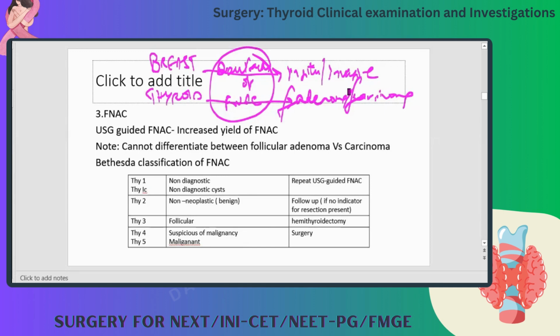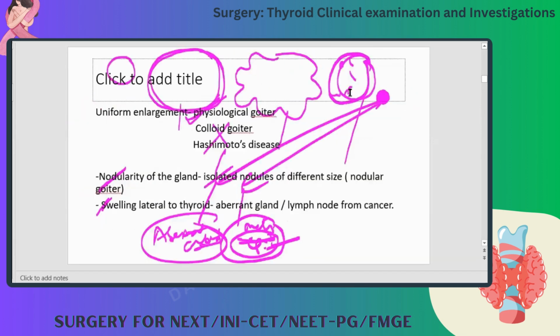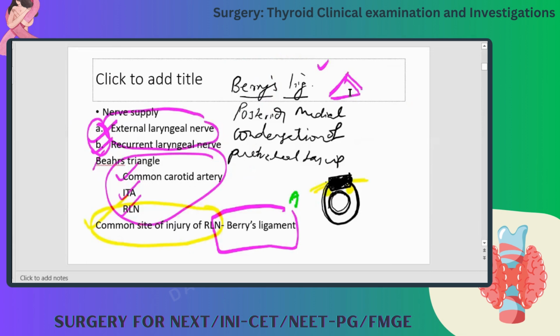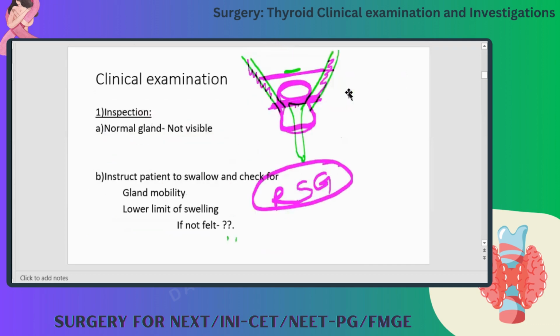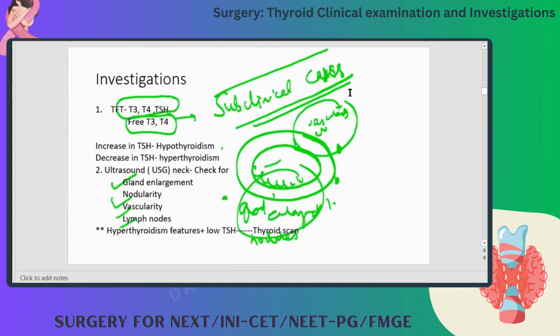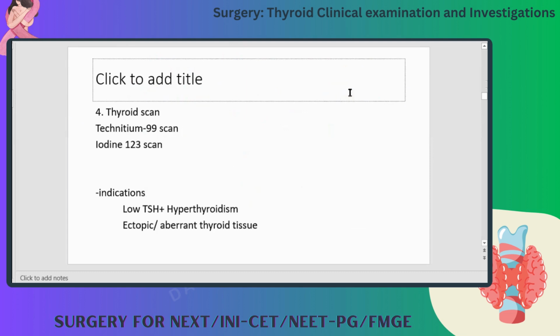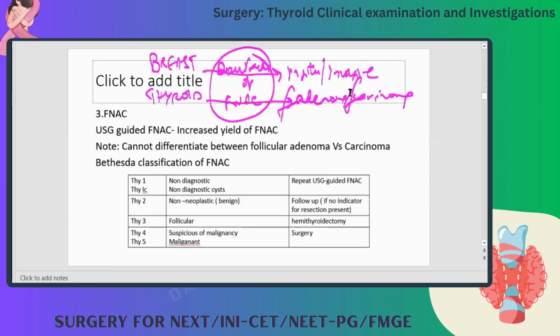Then the ligation of arteries. The superior thyroid artery is ligated close to the gland to prevent injury to the external laryngeal nerve. The inferior thyroid artery is ligated at the capsular branches to the gland to prevent devascularization of parathyroids. Then we discussed the clinical examination, which included inspection. The thyroid gland is normally not visible. In examination, we ask the patient to swallow and check for gland mobility and the lower limit of the swelling.